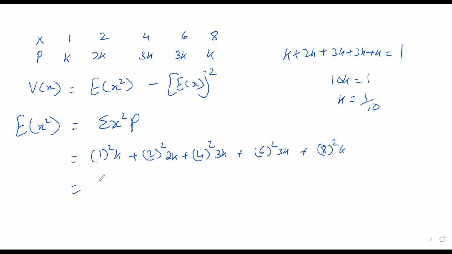आता ती व्हॅल्यू इकडे टाकू आपण. So 1 by 10 plus 4 into 2 म्हणजे 8, 8 by 10 plus 16 into 3, 48 by 10 plus 36 into 3, 108 by 10 plus 64 by 10.